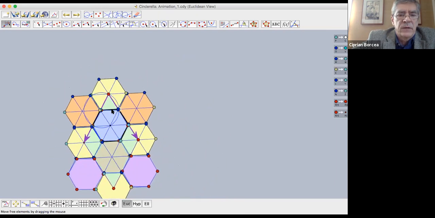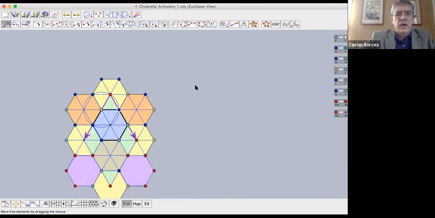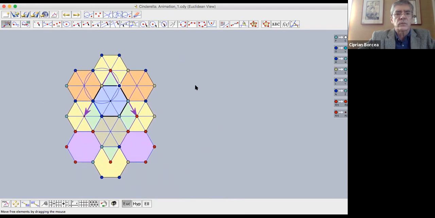Let's fold it to tiling. Okay, so you have the tiling configuration.